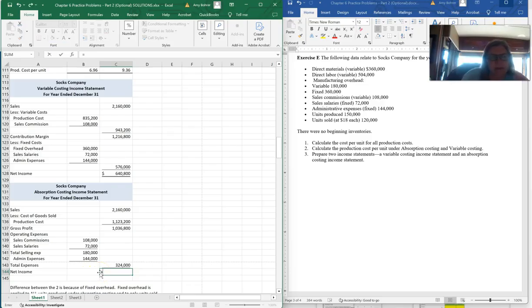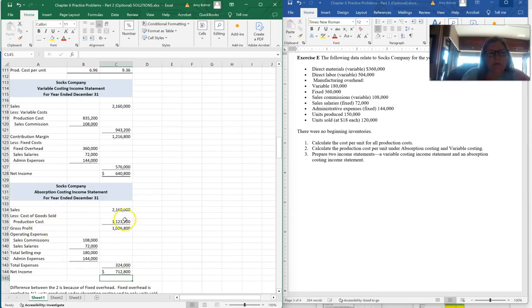And when I subtract the total expenses from the gross profit, I get total net income of $712,800. Notice they're different. My net income here is $640,800 under the variable costing method, and under the absorption costing method, I get $712,800.